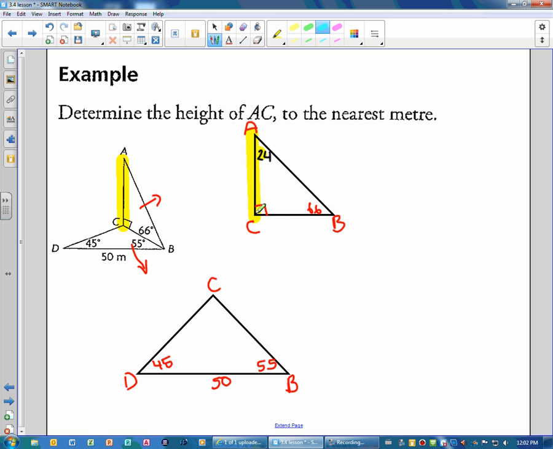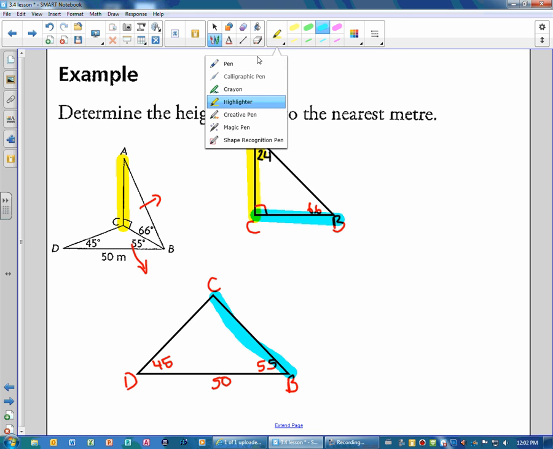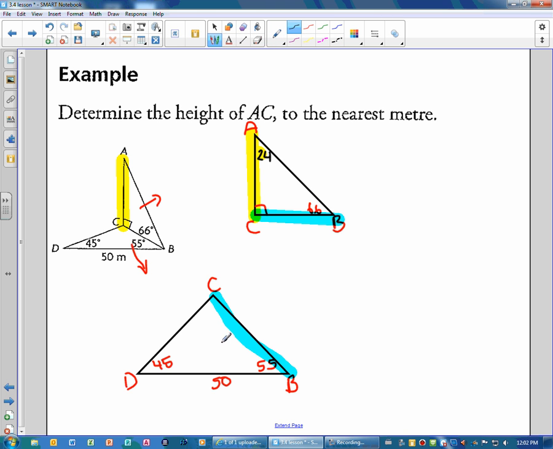This CB is exactly the same as this CB. So in this triangle, if I find this CB, I could use it in this triangle. When I look at this triangle down here, I can use the sine law or the cosine law. I could not use trig ratios in this triangle down here because it's not a 90-degree angle. Well, it might be. I haven't checked what this is yet.